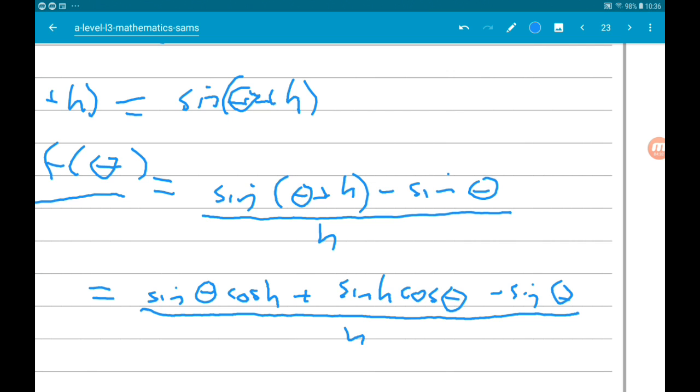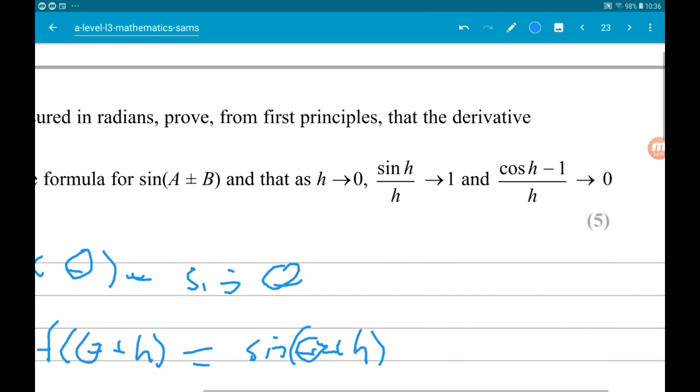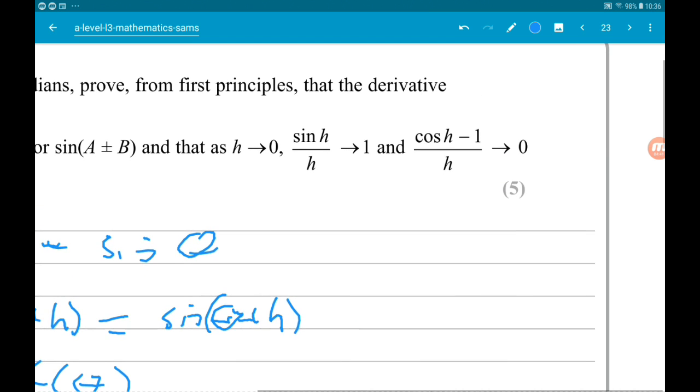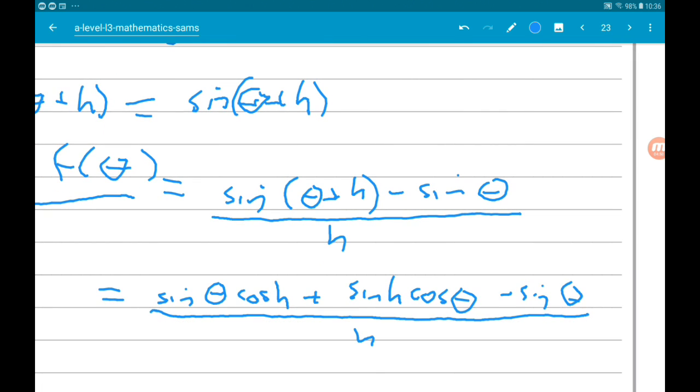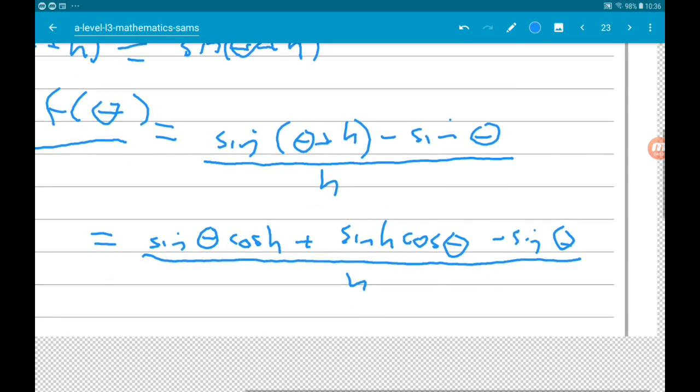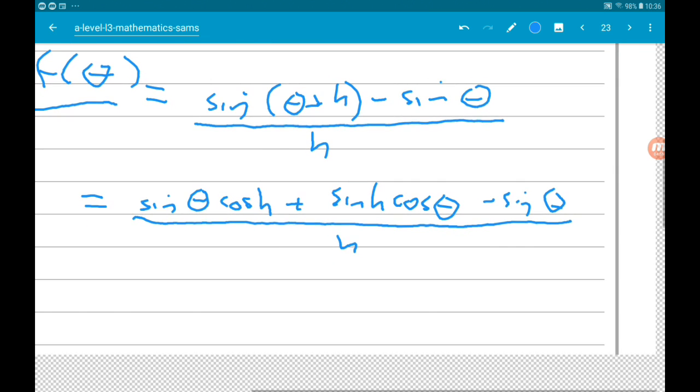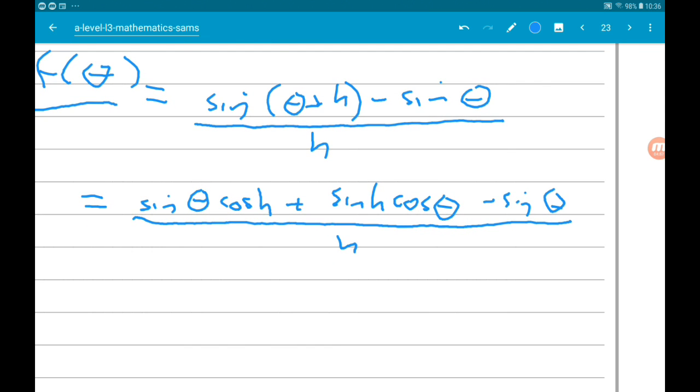Okay, now at this point we want to try and form fractions involving sine of h over h and cos of h minus 1 over h. So, what we can do is factorise the top a bit. So there are two sine of theta terms.